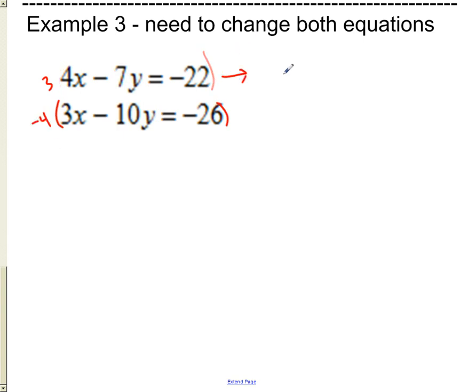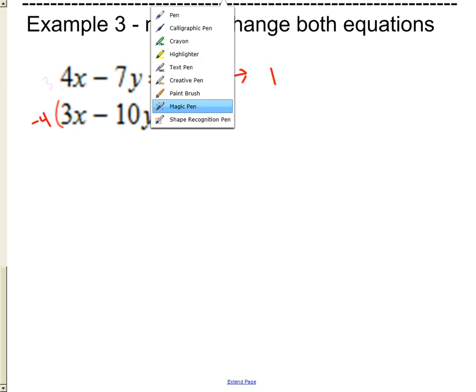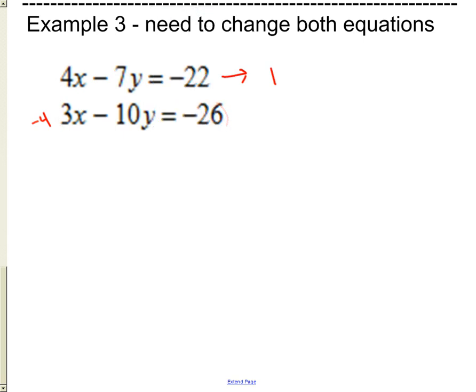So here are our new equations. Multiply this by 3 and we get 12x minus 21y equals negative 66.